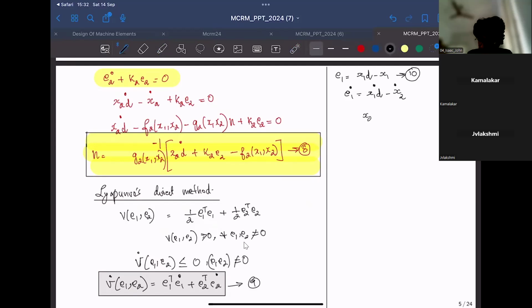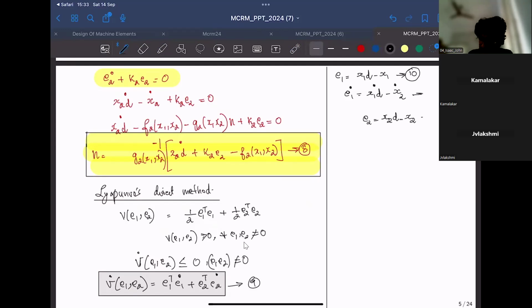E2 is the difference between the desired state and the actual state, x2 desired minus x2.